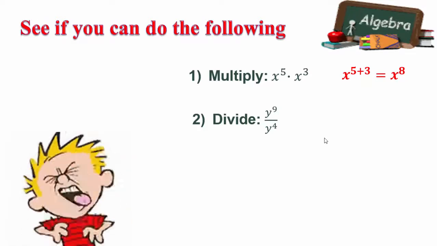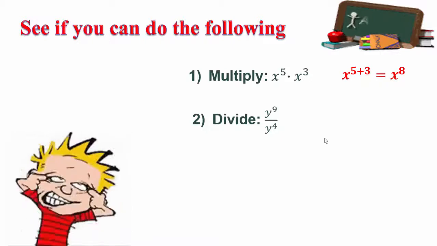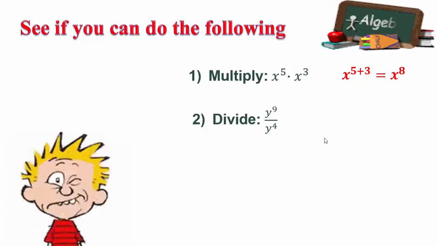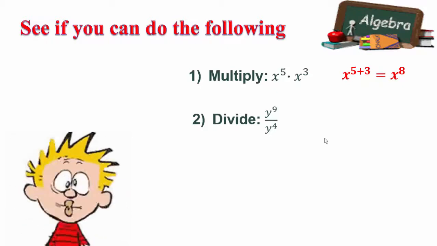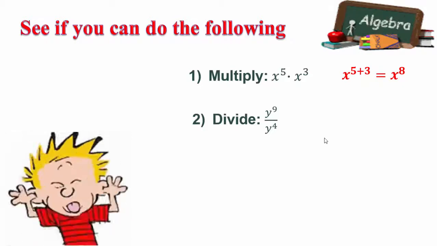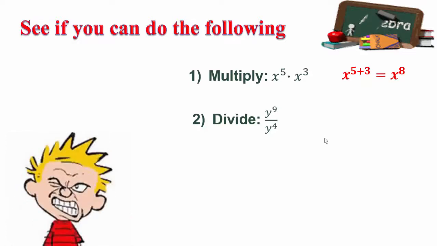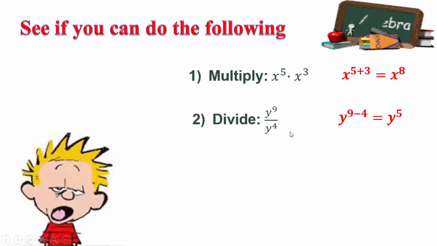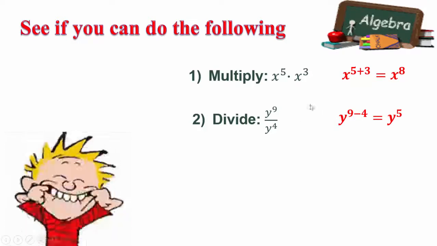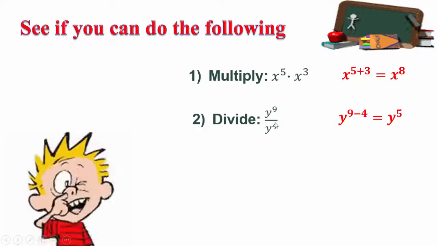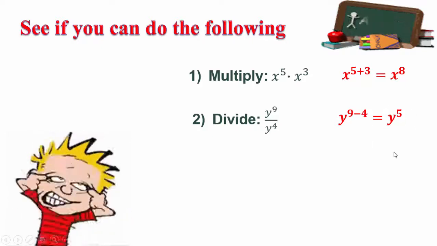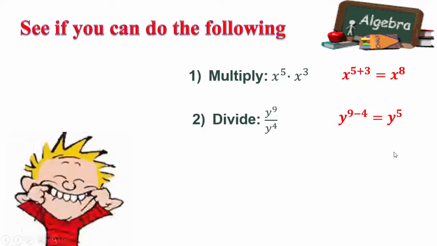And if you don't, that's okay, because we're going to go over it in these lessons. In the case of division, we subtract 9 minus 4. So 9 minus 4 will give us y to the fifth.